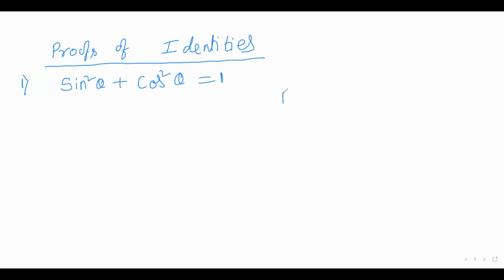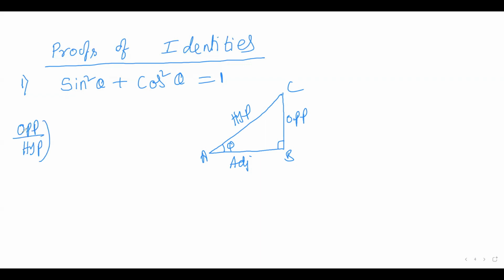Take a right angle triangle. ABC are the vertices. Angle B is 90 degrees. This is theta. So adjacent, opposite, hypotenuse. Tell me the ratio of sine theta. Opposite by hypotenuse.